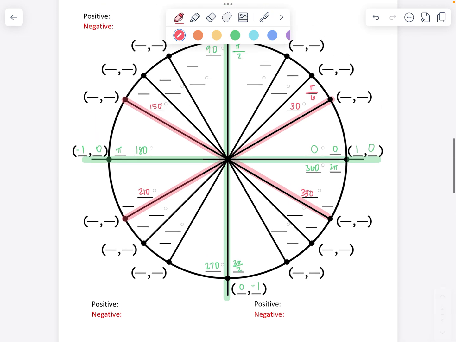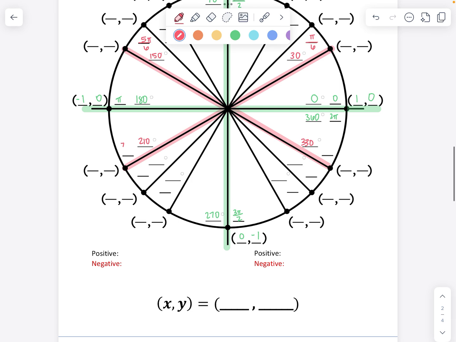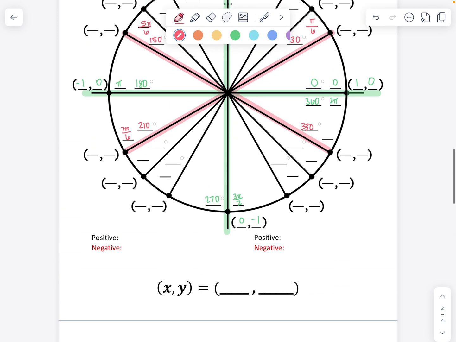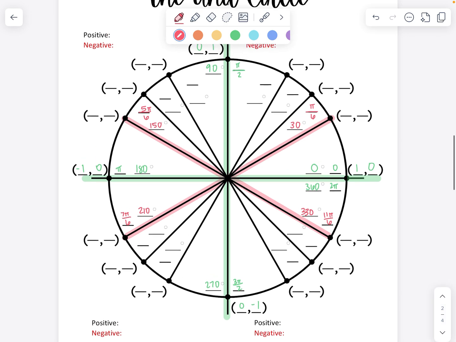I'm going to come over here and write this one as 5 pi over 6. 210 degrees was 7 pi over 6. I'm going to write this one as 7 pi over 6. And 330 was 11 pi over 6. So I'm going to write this one as 11 pi over 6. And so you can see how all the degrees and the radians match. And if you notice, all of those that I just wrote in the pink reddish color, they all have the same denominator. I wonder if that's a coincidence.